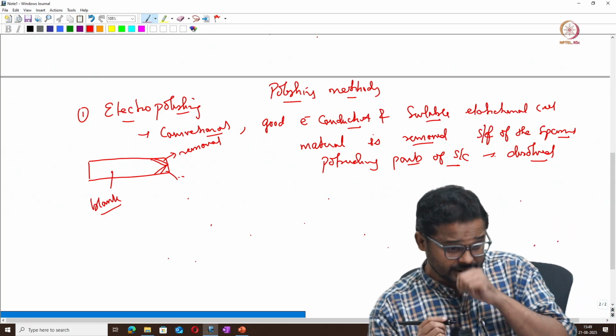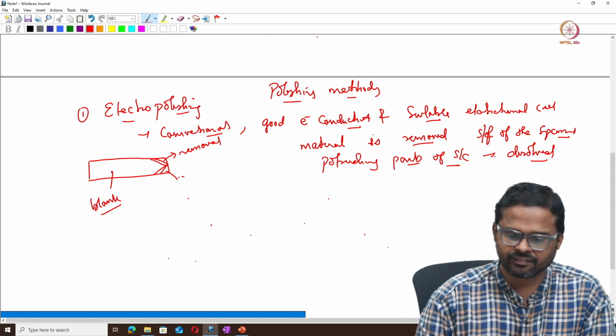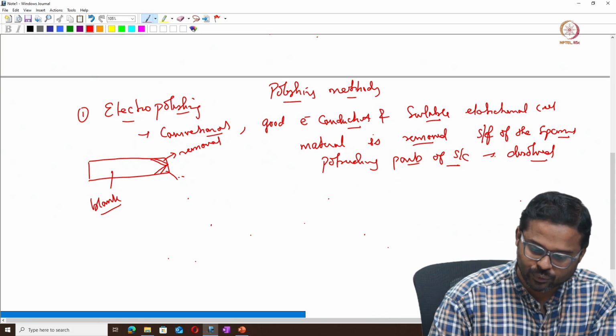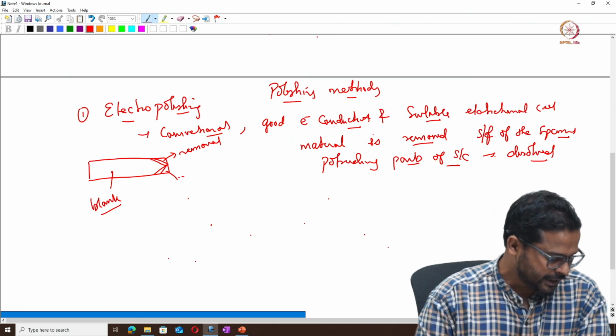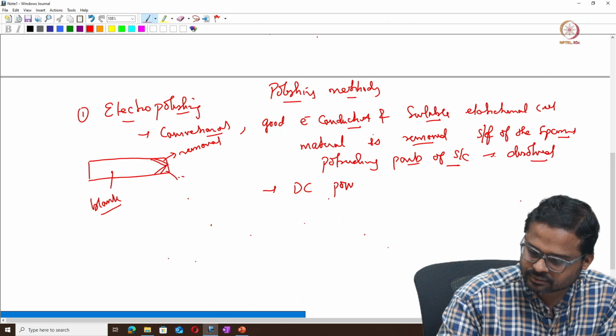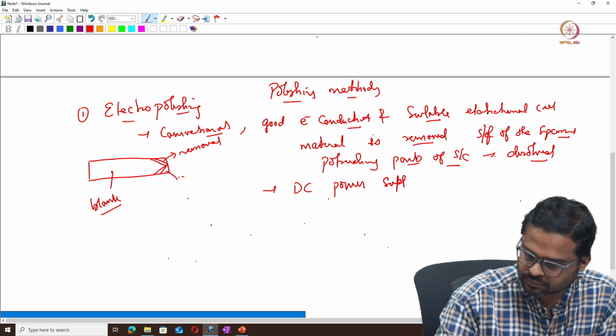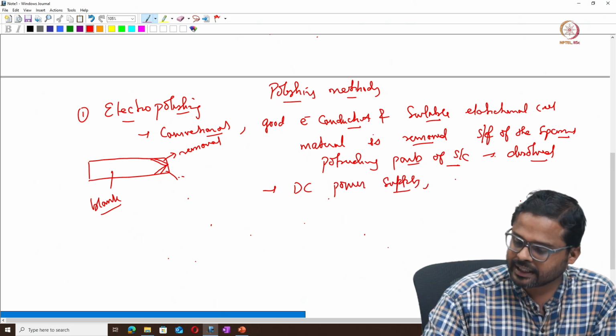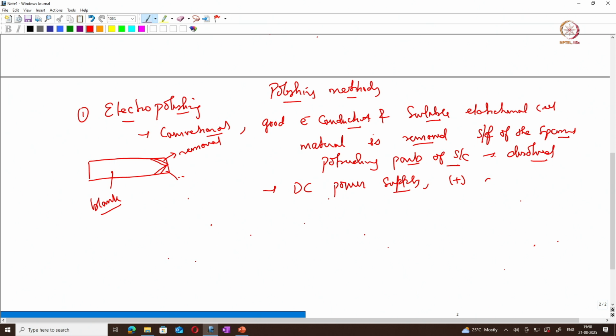Okay, so what is the basic to the electropolishing? This is a very basic thing where what we do is simply we need a DC power supply which applies a positive charge to the specimen, which acts as a cell anode.